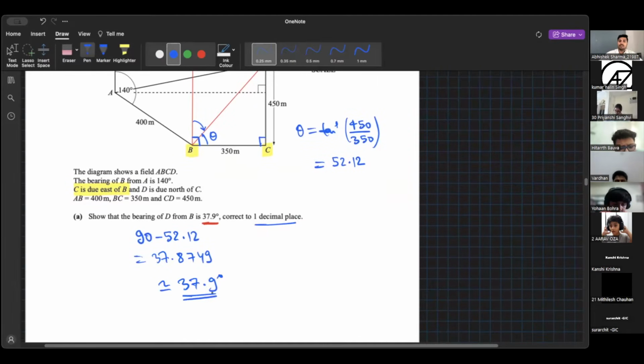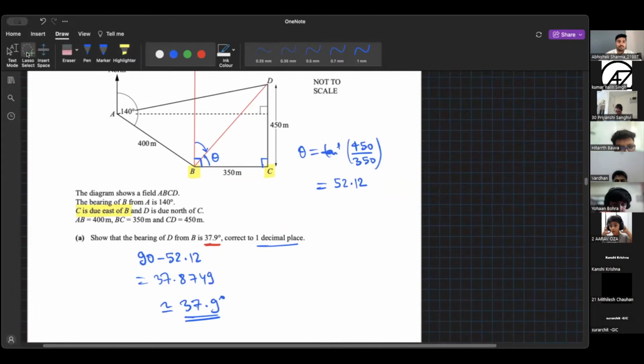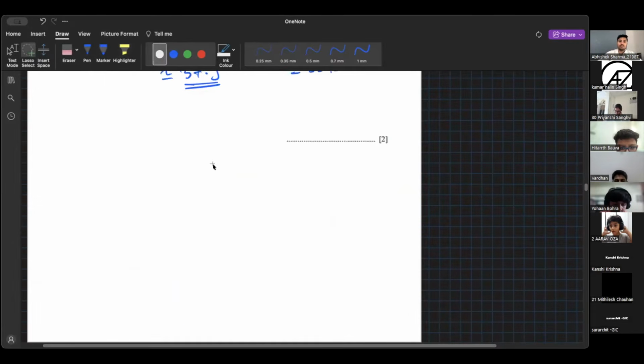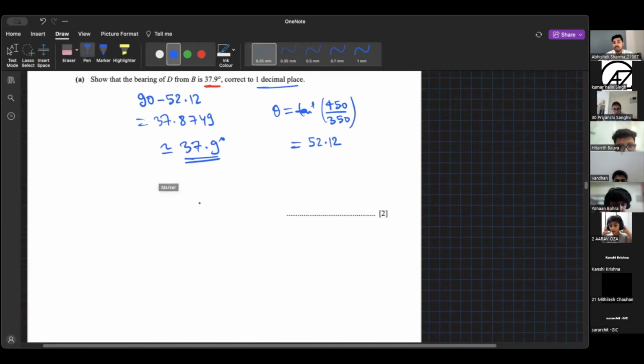Is this clear? So wouldn't it be 037.9? Just a second. No, because generally we don't write bearing in decimals.